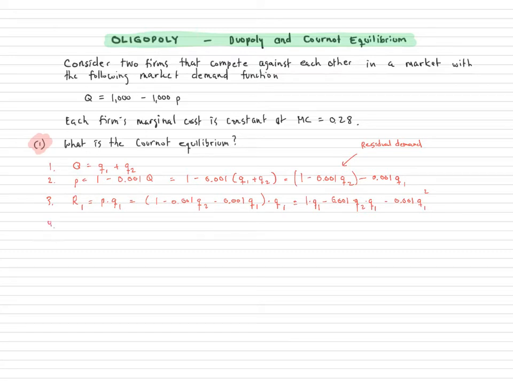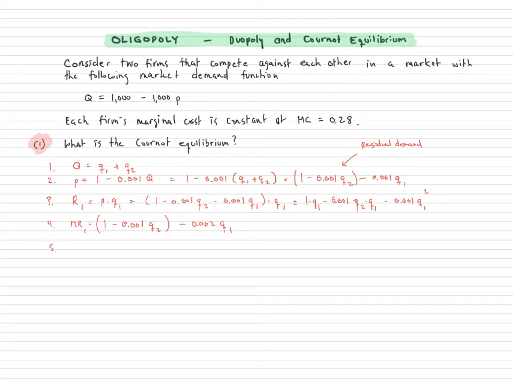All right, from here I can find the marginal revenue function for firm 1 by taking the derivative with respect to Q1. So we get 1 minus 0.001 Q2, and if I put that in parentheses, that's going to be the intercept, and then of course we have twice the slope in terms of its own quantity.